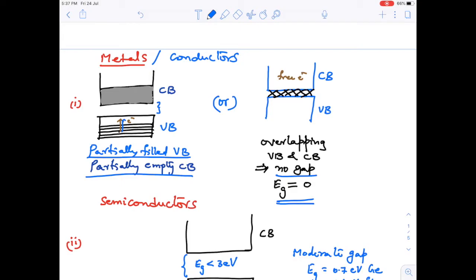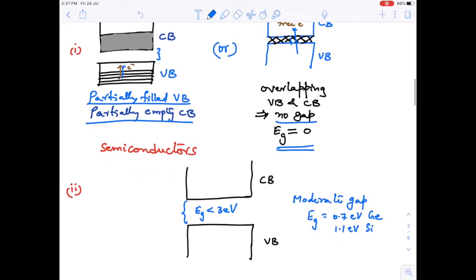So electrons can move within the valence band, or electrons can move from the valence band to the conduction band. Because of the overlap, they can freely move in this case. So this is about metals or conductors.